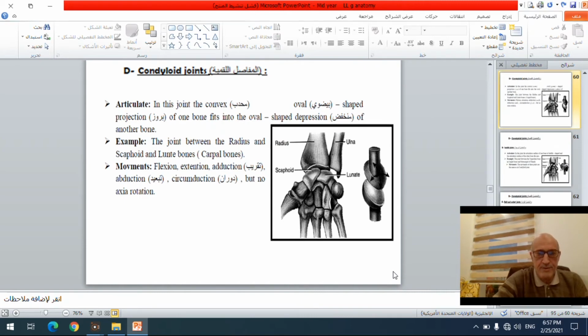Condyloid joints, articulation between a convex projection of bone into an oval depression in another bone, like that of the scaphoid bone, convex, in the concave of the radius.